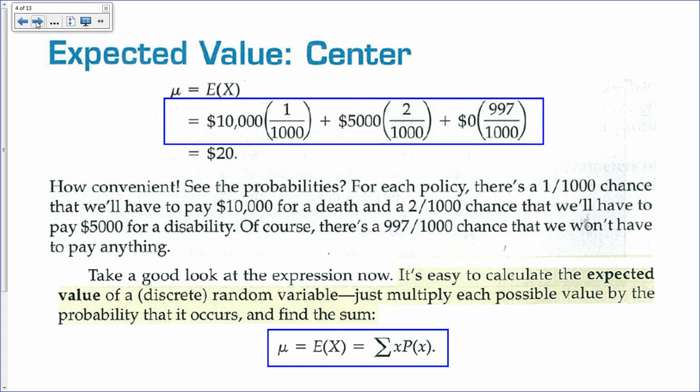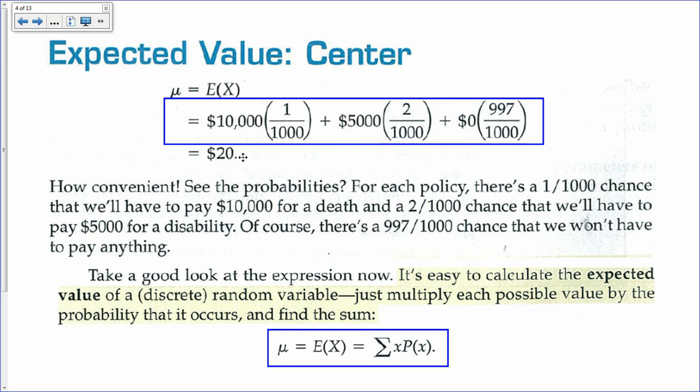The first question to ask is about the center. What do we expect to pay out given these probabilities? The amount you would expect conveniently turns out to be the amount times the probability of that amount, plus the amount times the probability of that amount, plus the amount times the probability of that amount. If you calculate that, that'll give you the expected value, how much you would expect to pay out.